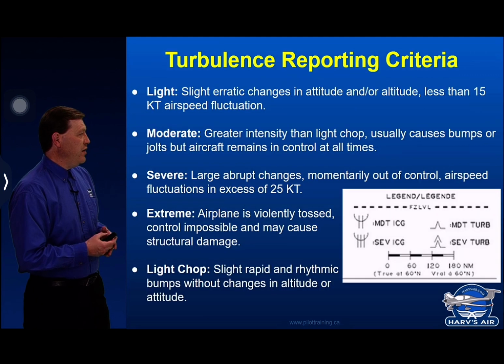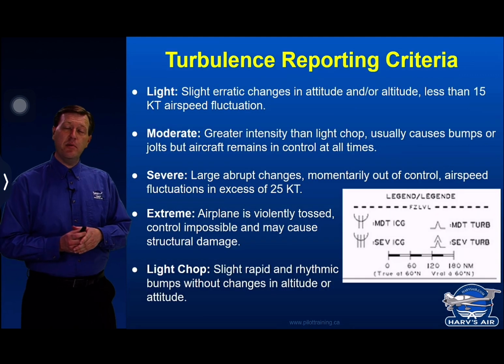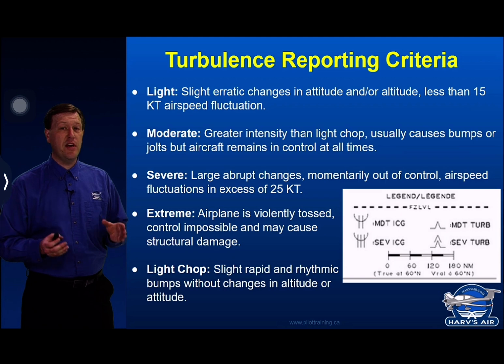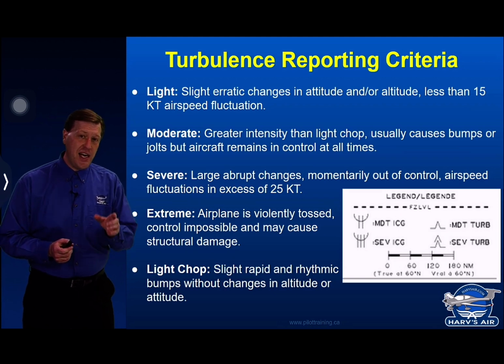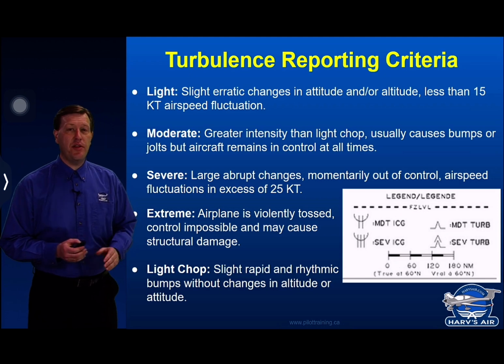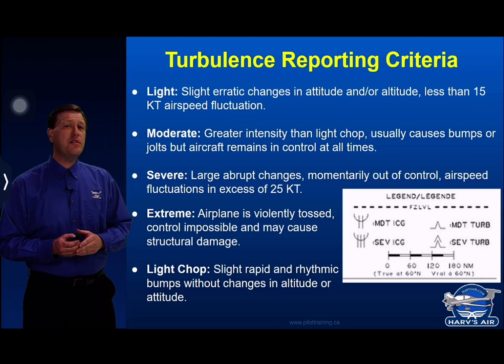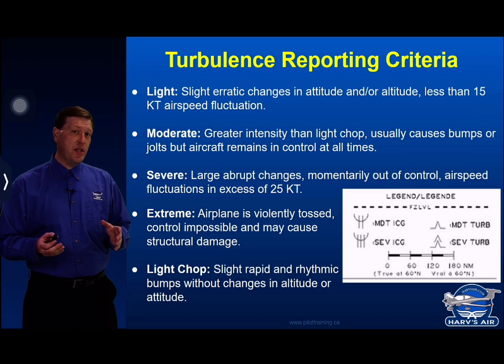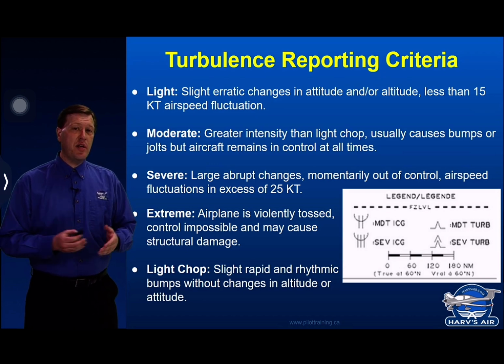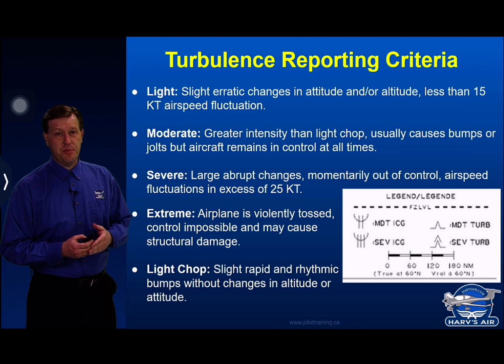All right. When it comes to reporting turbulence, we have some very specific reporting criteria. That said, I do want you to think about turbulence reports when you read them. Whenever you see a PIREP with turbulence, consider carefully what type of an aircraft it is.